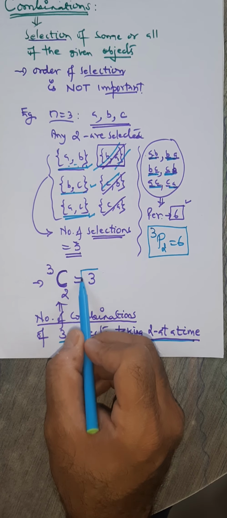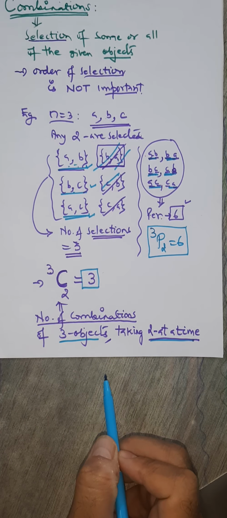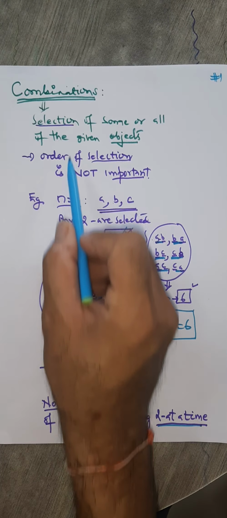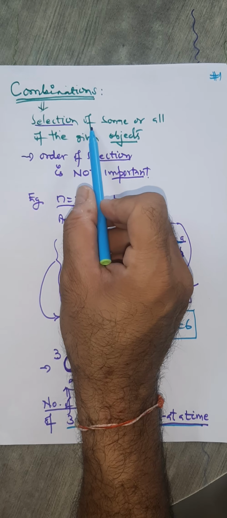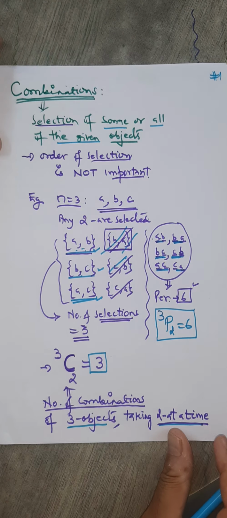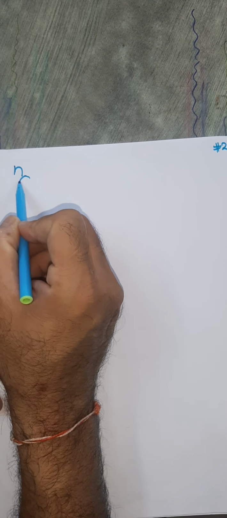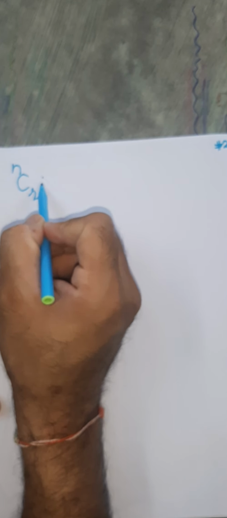And here this 3 is the total number, so it's always an integer. Combination means, as I told you, selection of some or all of the given objects. So in general, this is a general symbol, which we usually write as nCr.